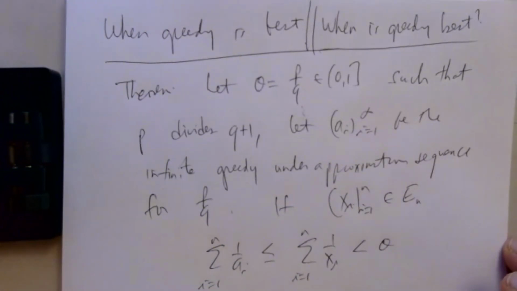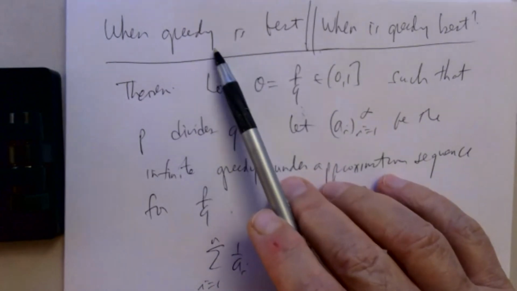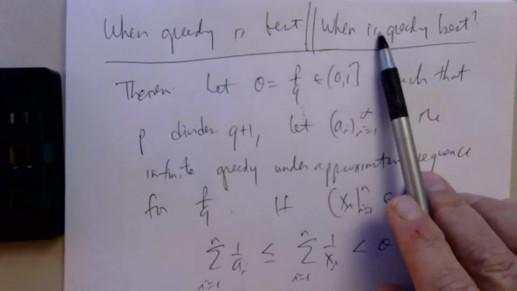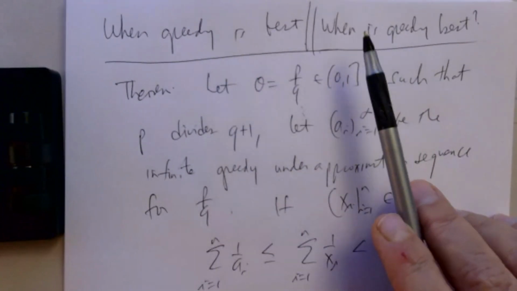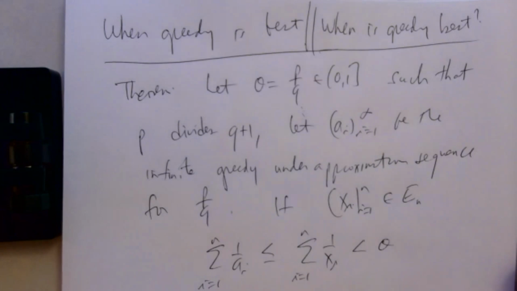So needless to say, in my paper, I cannot resist using this as the title of one section and this as the title of the immediately succeeding section. When greedy is best, when is greedy best?